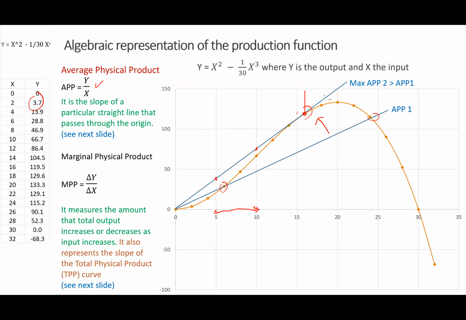Past this stage, you are here, okay, around 20.5. Past this stage, the marginal physical product says that if you increase your input from 20 to 20.5, your output is going to decrease from 133.3 to 133.1. Right?